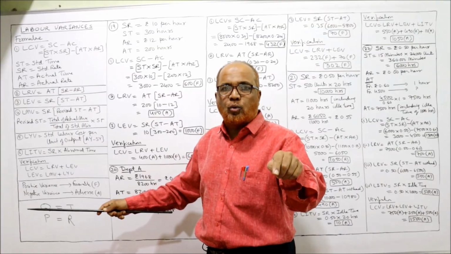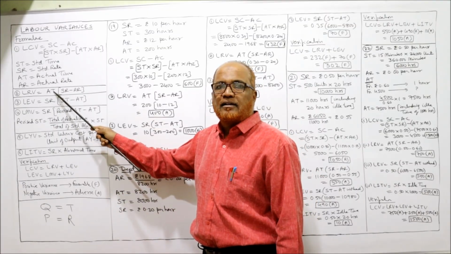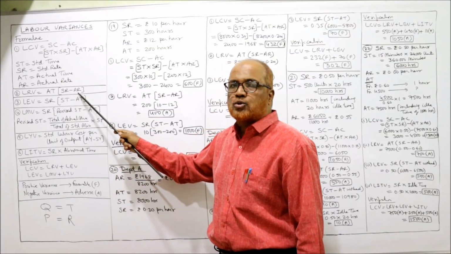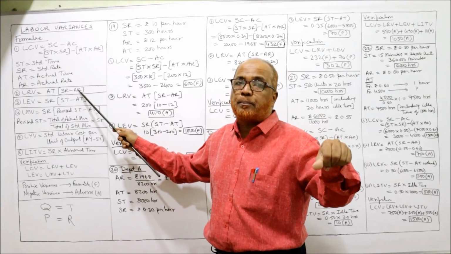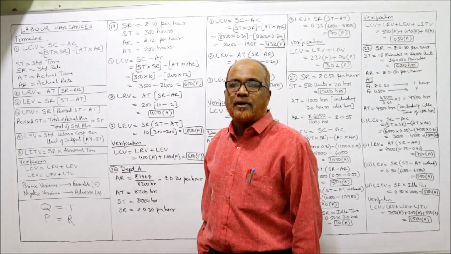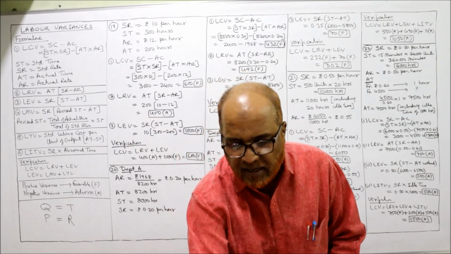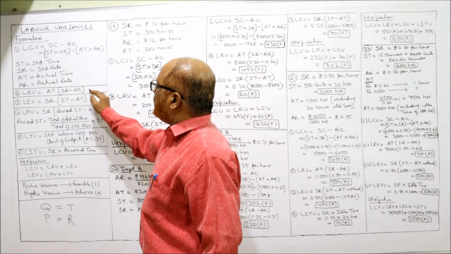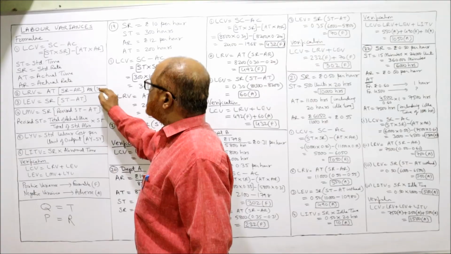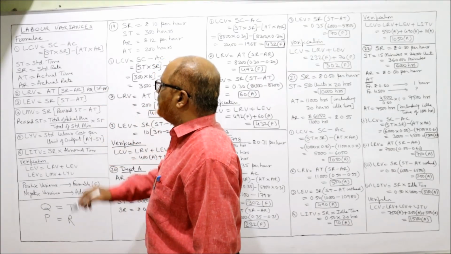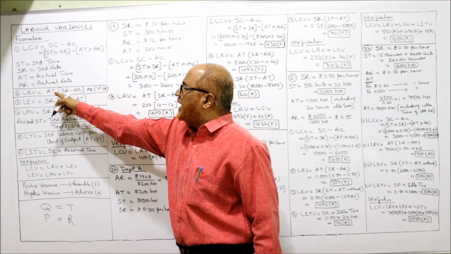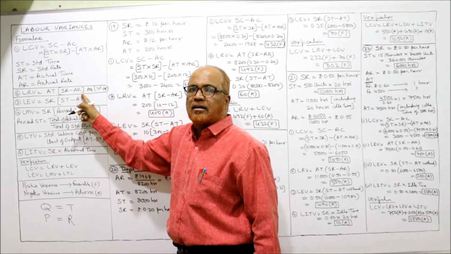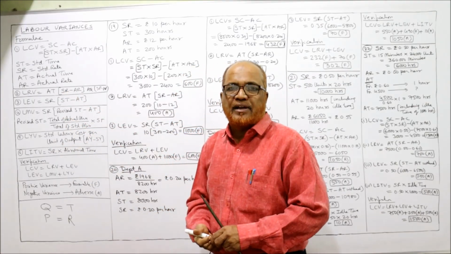Instead of AQ, I am writing AT, and standard rate minus actual rate. There we have taken standard price minus actual price. So earlier in the formula of material variances, we have written AQ into SP minus AP. Now I have changed it to AT into SR minus AR. This is the LRV, labor rate variance.